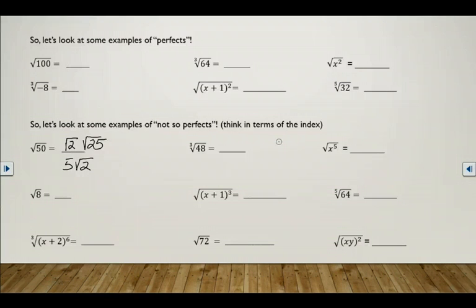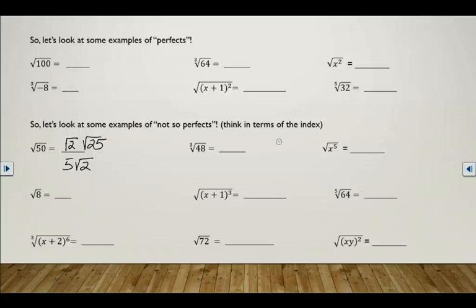But when you get to this one, you got to think in perfect cubes. What perfect cube will go into 48? 16 is not a perfect cube, is it? I was thinking more of 8, because, see, y'all just did what I told you not to do. 16 is a perfect what? Square. You took the bait, hook, line, and sinker.